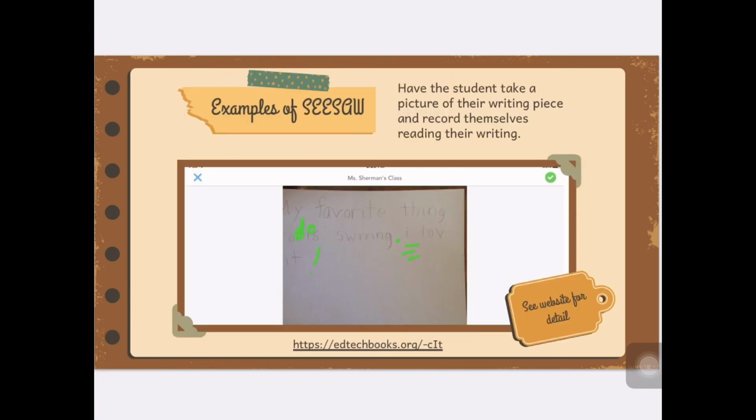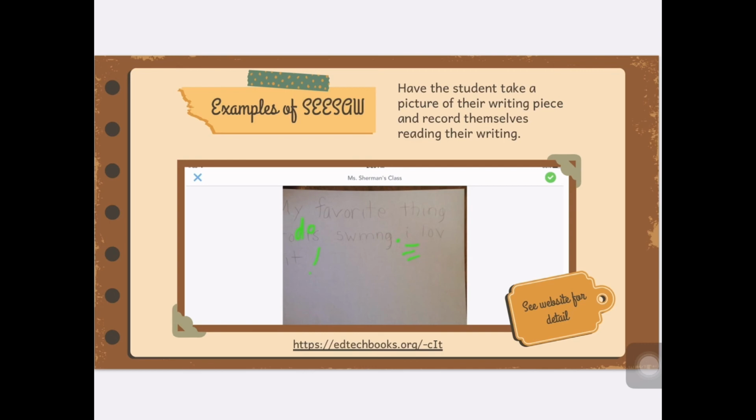This is an example of one of the portfolio pictures, where a student did a writing or a sentence and they took a picture of their paper and posted it on their Seesaw portfolio. And also they actually recorded their speaking, their reading. Okay, so the students would take a picture of their writing and record themselves reading it.